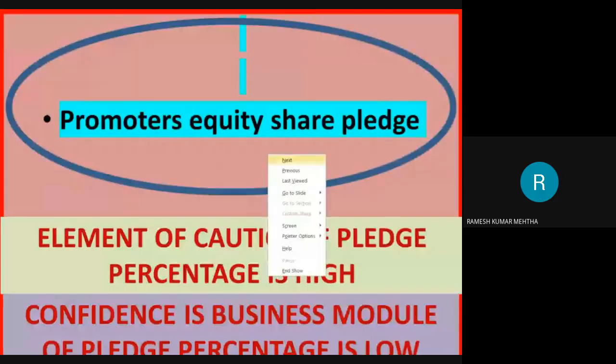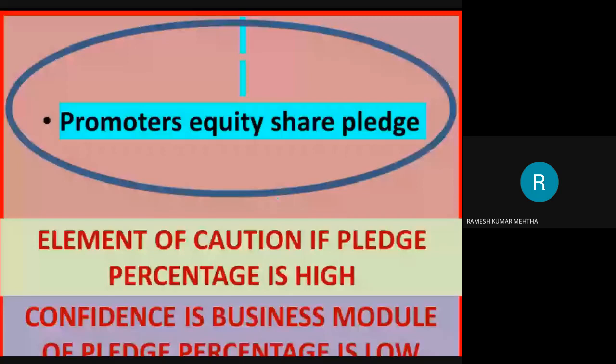Another factor you have to take into consideration is promoters' equity share pledging. So there are some promoters of the company who are pledging their shares with non-banking financial corporations and banks.